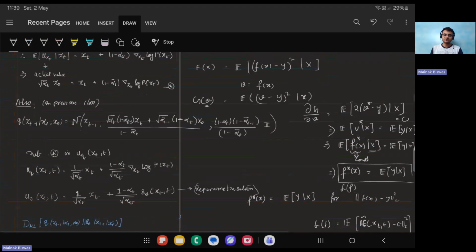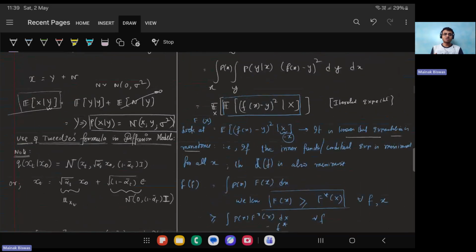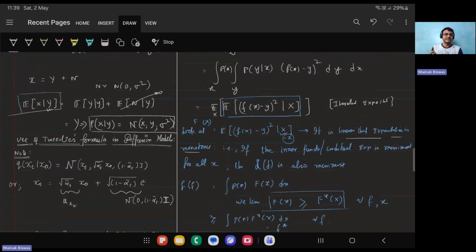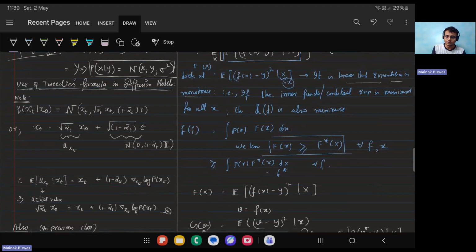Now, once I have this formula, let's see, diffusion models can be written in a couple of sentences. So now we know that x_t, I will just copy this. I will show you how score-based functions can be used in diffusion models, and let us see this from this equation itself.